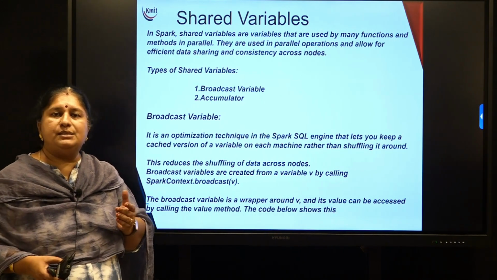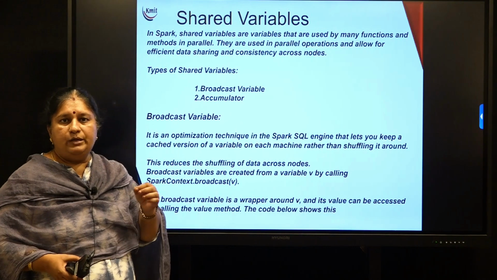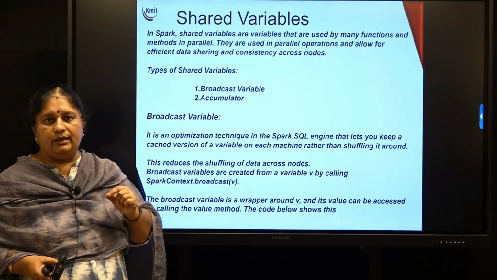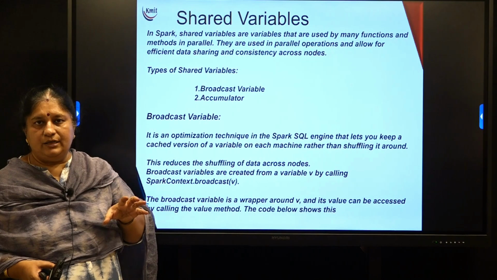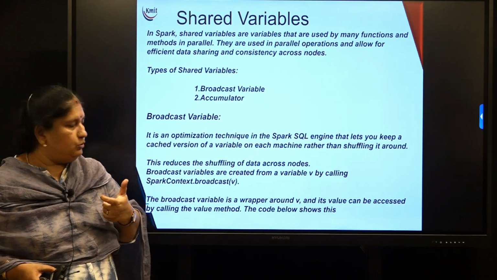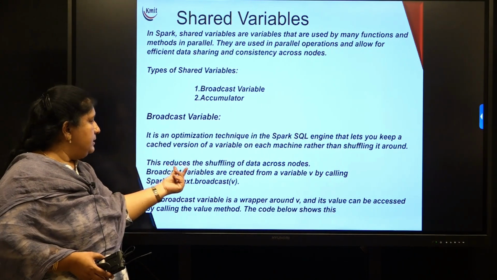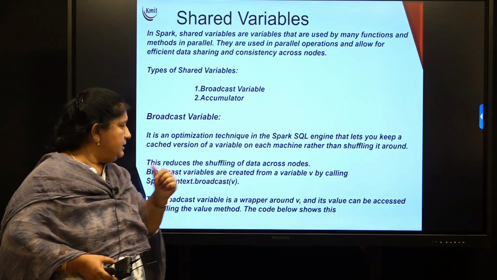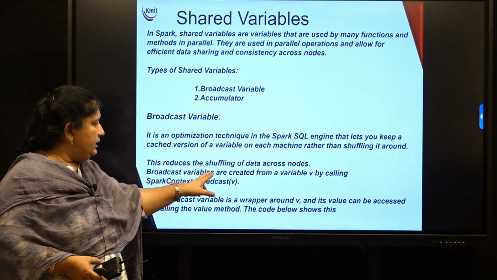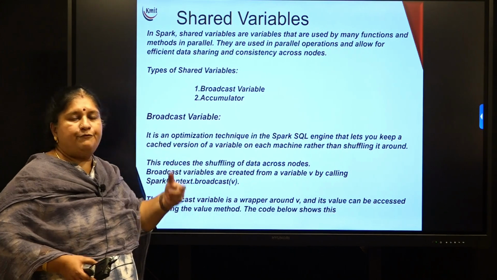What are you going to save out of this? The moment you are not transferring data over the network, you save the bandwidth and the transmission time also. So this reduces the shuffling of data across the nodes.